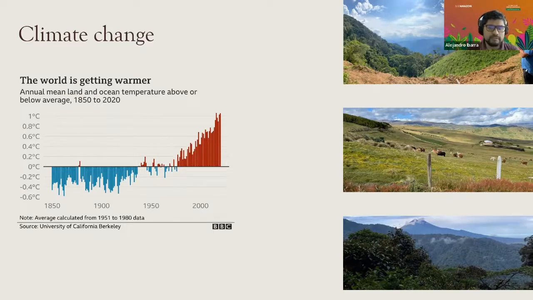But we know that the rapid climate change we are now seeing is caused by humans using oil, gas, and coal for their homes, factories, and transport. And when these fossil fuels burn, they release greenhouse gases, mostly carbon dioxide, and these gases trap the sun's heat and cause the planet's temperatures to rise.